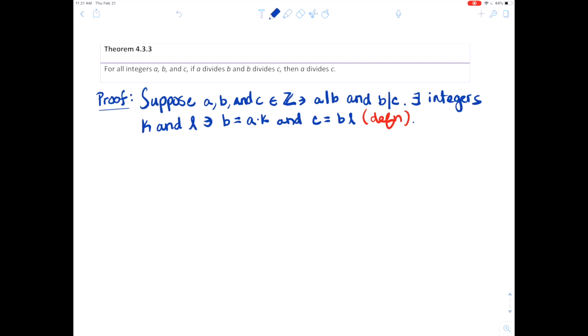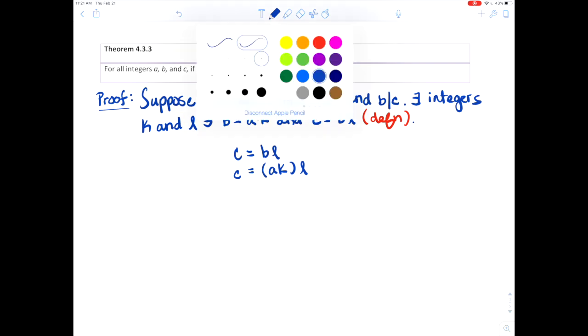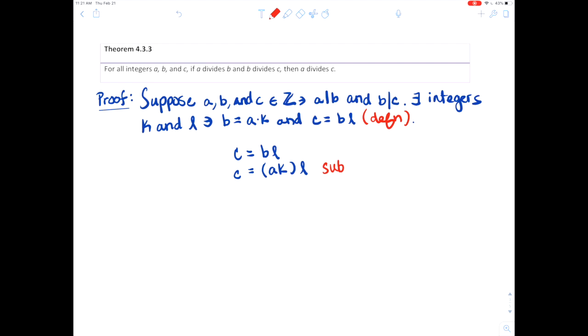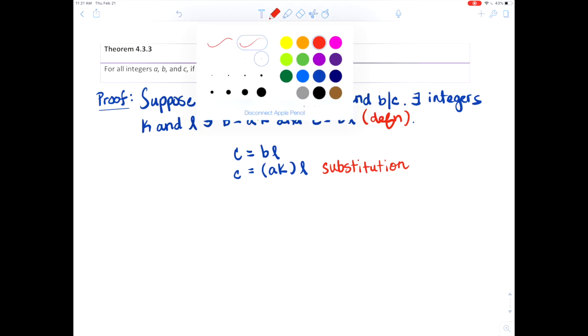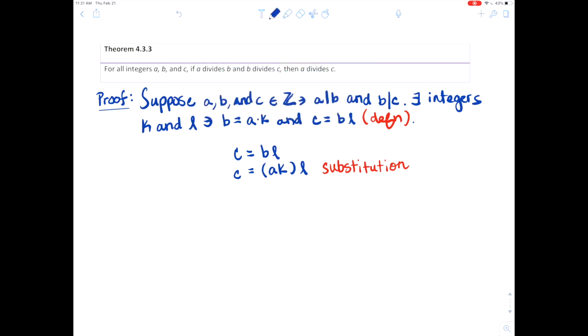Now, let's see what we've got going on. c is equal to b times l. All right, but what is b? Perfect. b is equal to a times k, and then we still have this times l. And that is by substitution. And you have to be careful because you're substituting indirectly for b, so those parentheses are important.